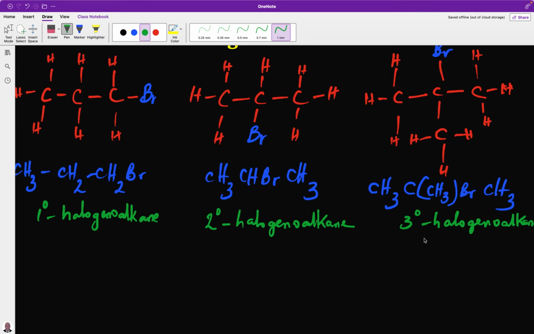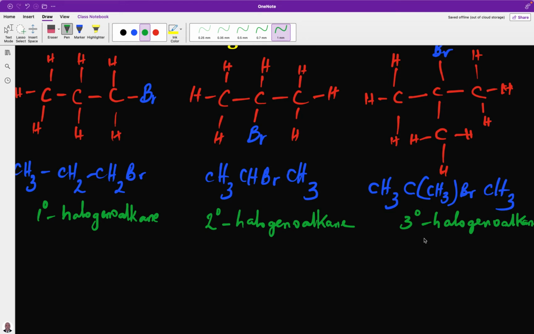Initially, we said a nucleophile is a species, it could be an ion or a molecule, which is attracted to a region of positive charge.